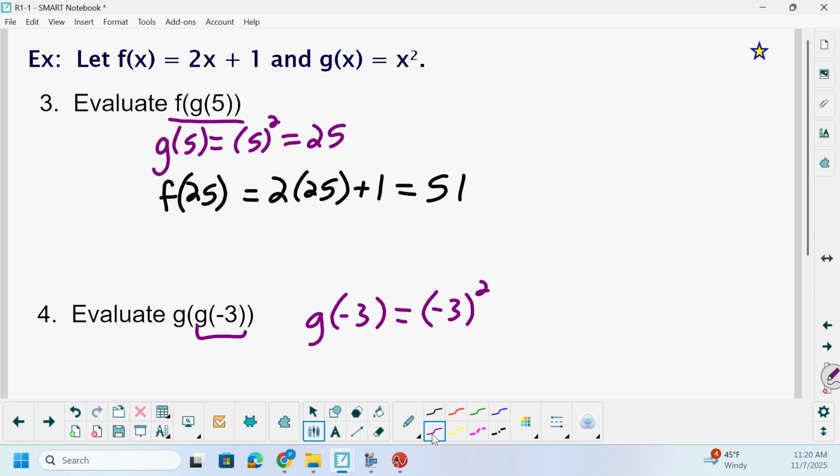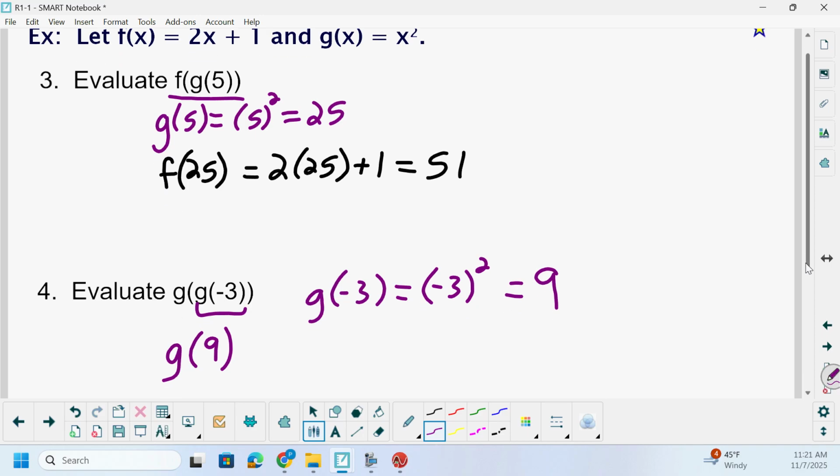If we square negative 3, that means negative 3 times negative 3, which is a positive 9. So now, in our original expression, we're going to replace the g of negative 3 with a positive 9. So now we're doing g of 9. So this means we are going to sub into g's equation a positive 9. So now we'll just do 9 squared, which 9 times 9 just gives us 81.